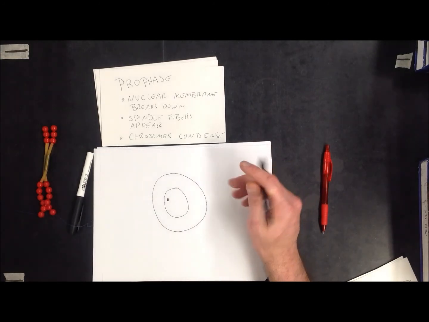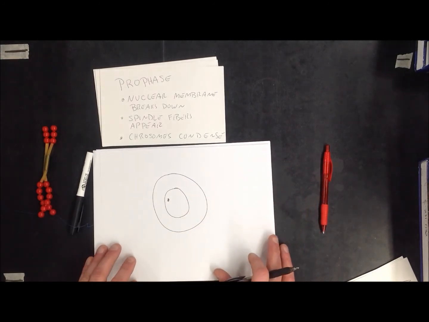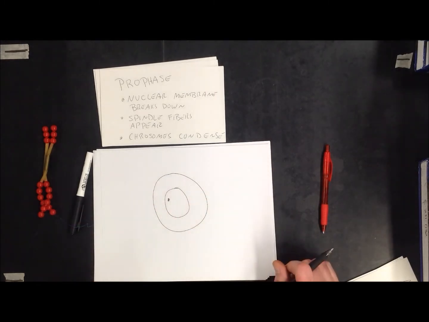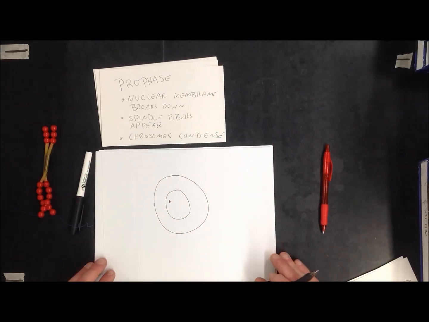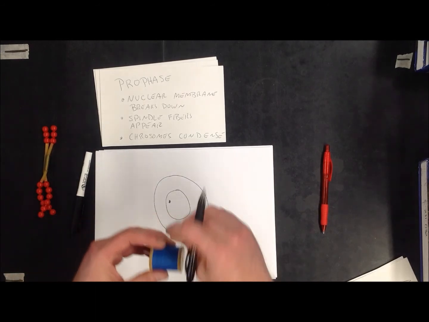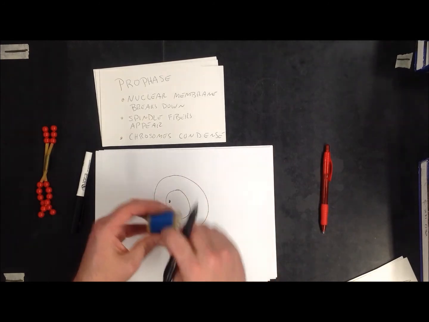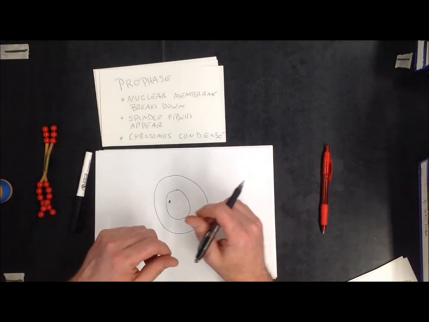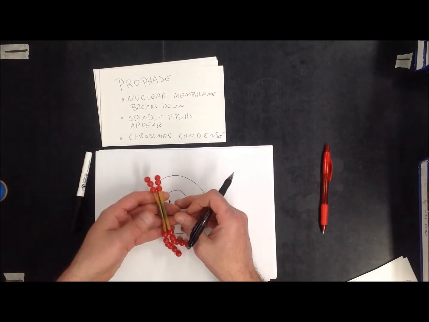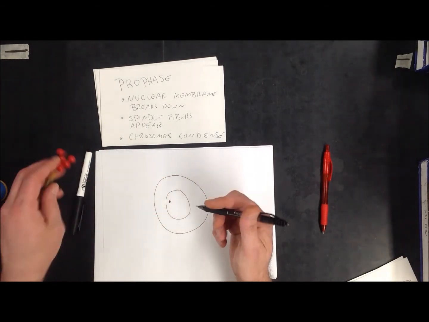And then the first thing you're going to notice in prophase is this is how it would look at the end of interphase. You really can't see much of anything. Then all of a sudden, the chromosomes are going to condense. That means the chromatin is wrapped up around the histones. It gets shorter. It's all wound up, and poof, suddenly you can see it. So it would be like out of nothingness, this would appear.